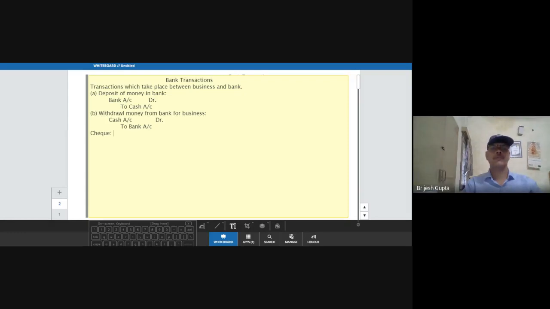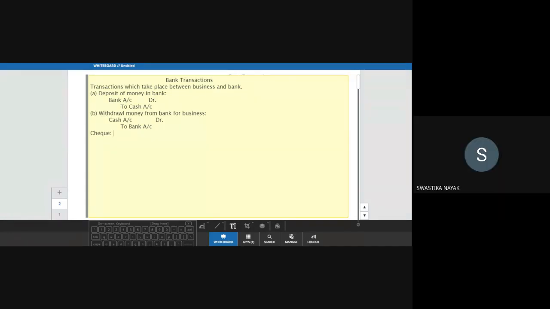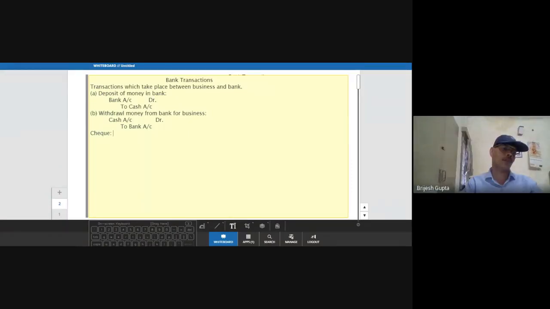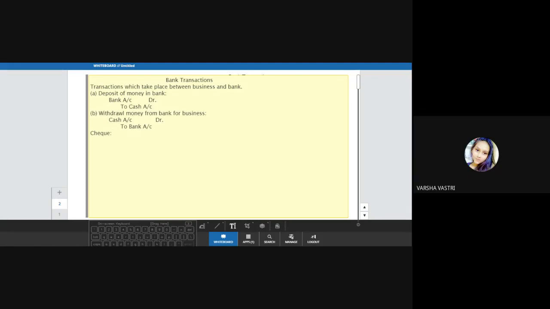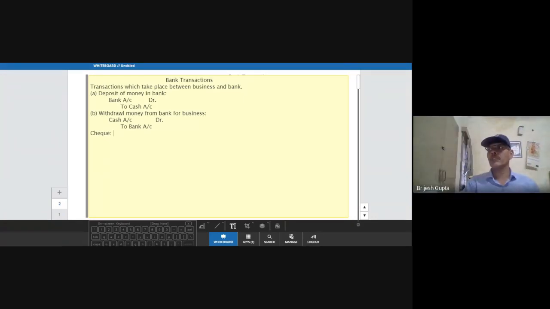Sir, a check is a medium of payment. Okay. Anyone else? Sir, it is an agreement which can be signed by anyone and by the person whose name is. Okay, a check is basically not an agreement, but let us discuss later. Anyone else?